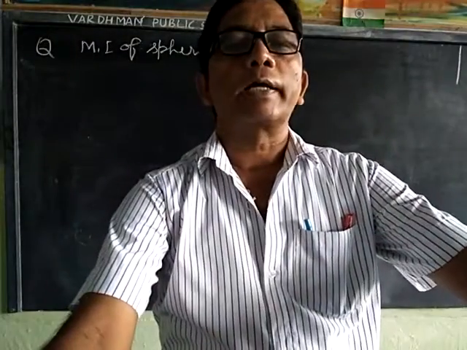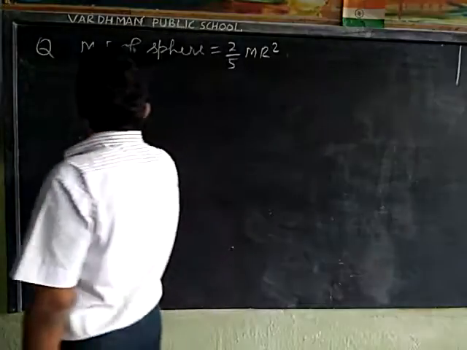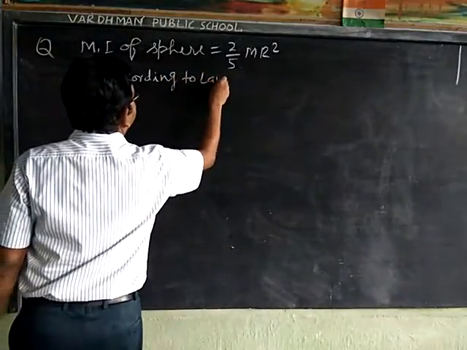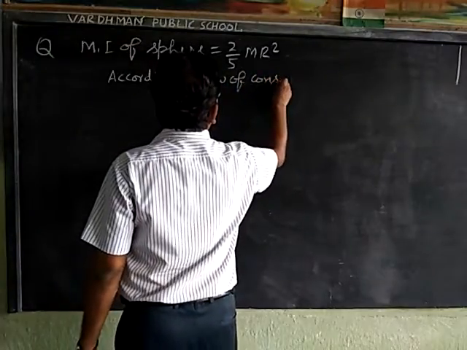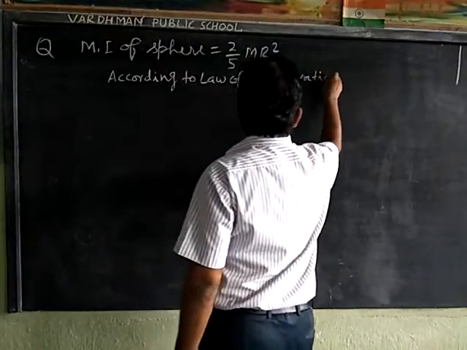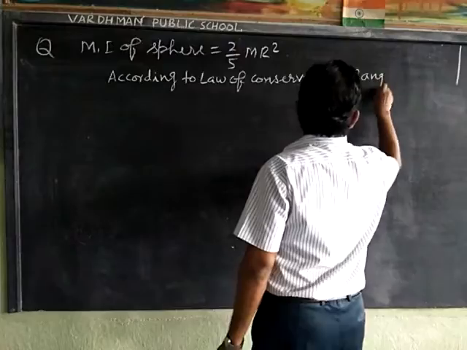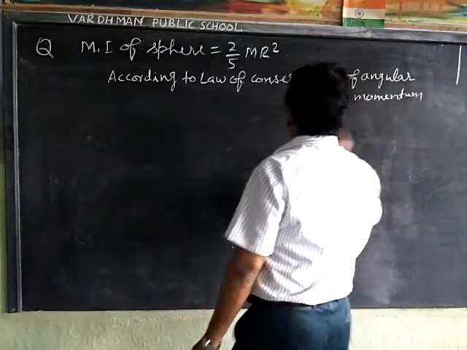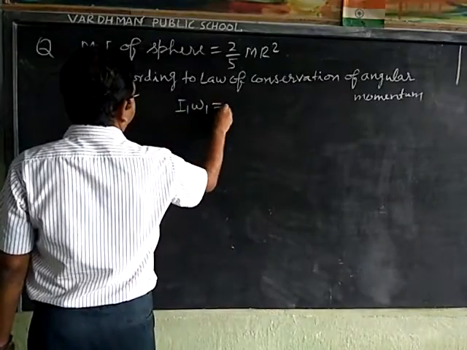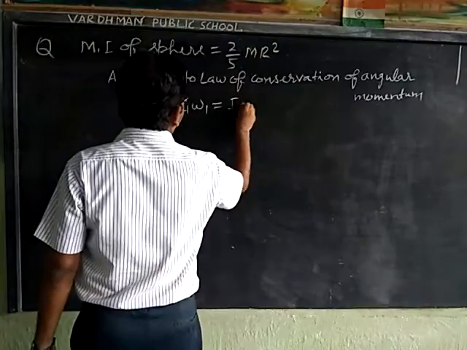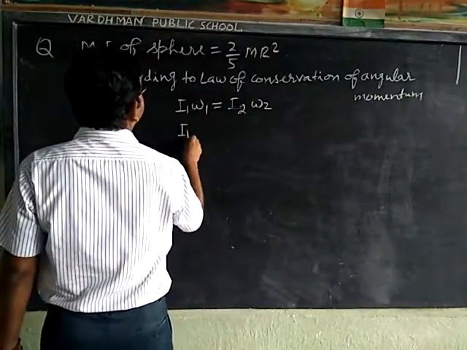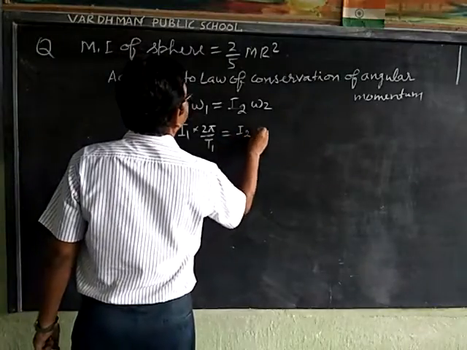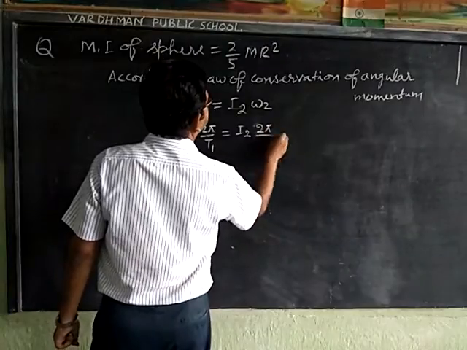Now, according to the law of conservation of angular momentum, I1 omega 1 is equal to I2 omega 2, that is I1 into 2 pi upon T1 is equal to I2 into 2 pi upon T2.